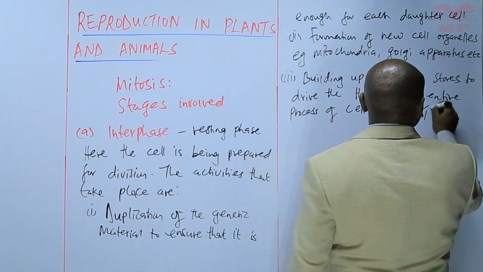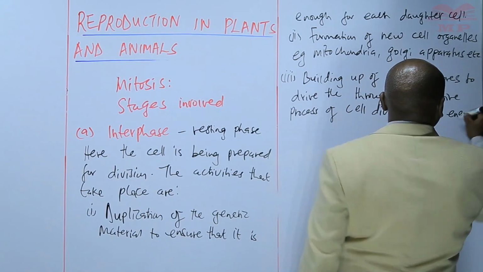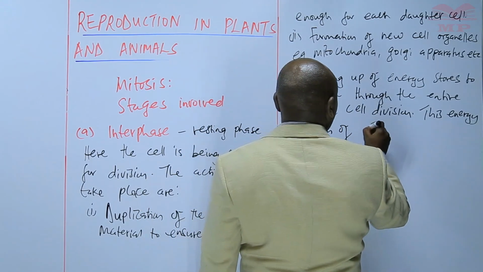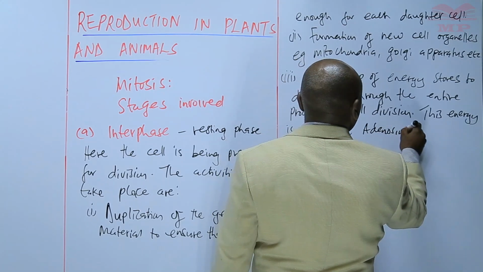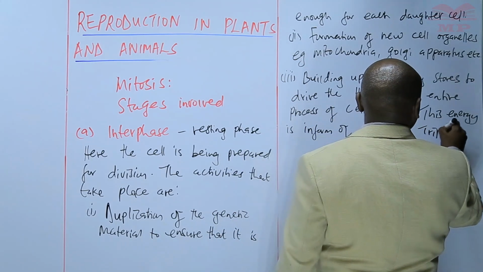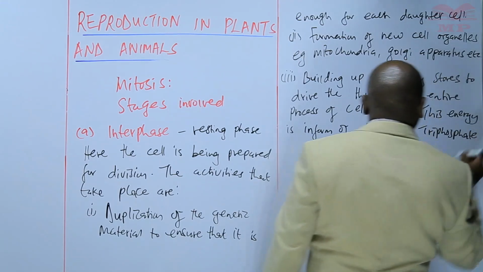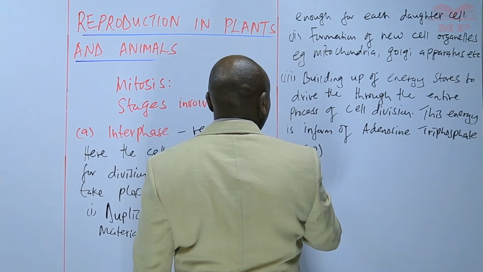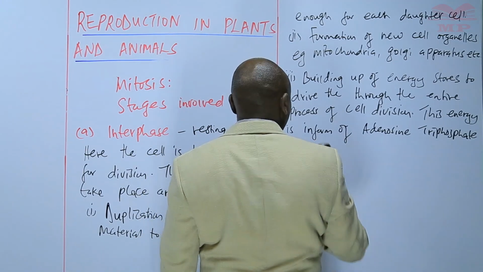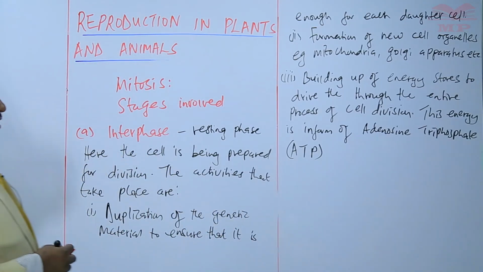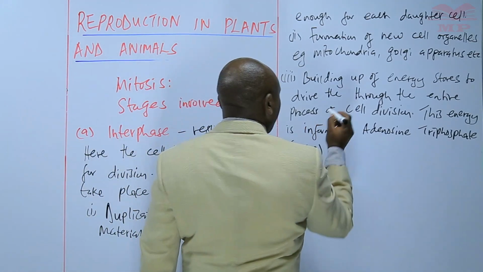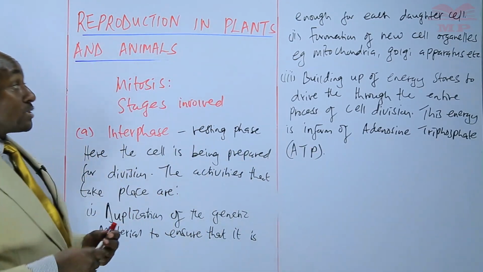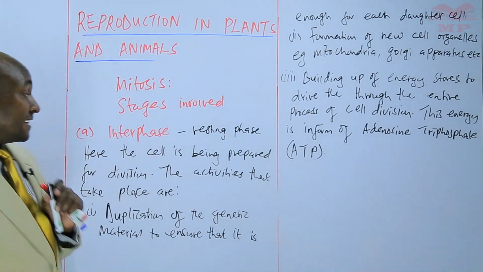And this energy is in form of adenosine triphosphate, what is abbreviated as ATP in capital letters. So ATP should be written in capital letters, and it means adenosine triphosphate. Now, so those are the 3 activities that happen during interphase.